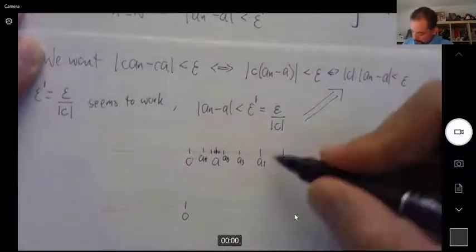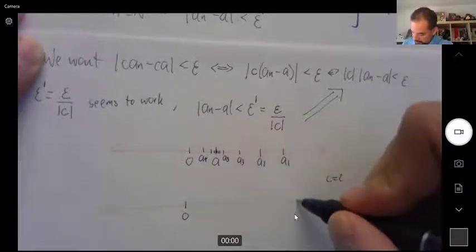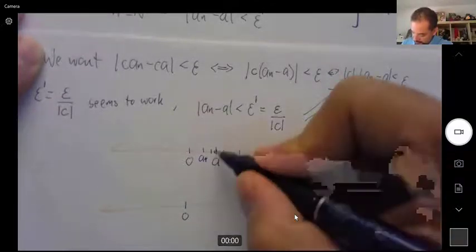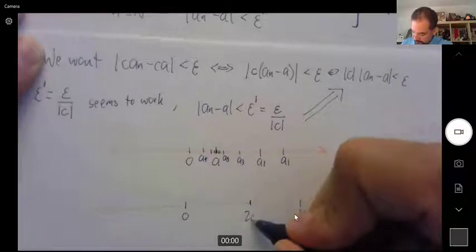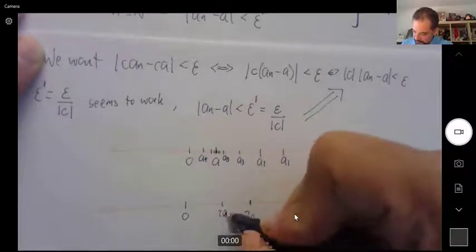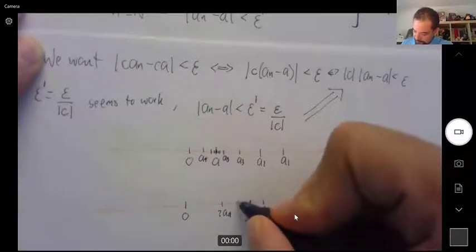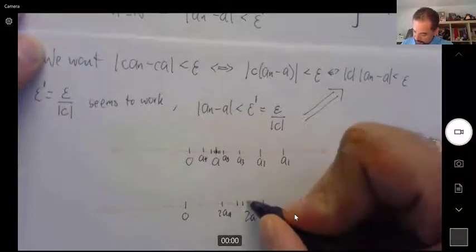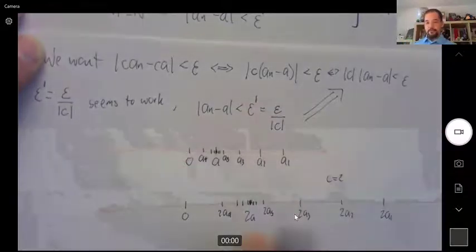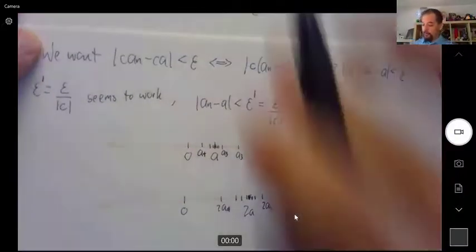And then a2 will be more or less over here, 2a2, and then 2a3, and then 2A is here. And what you should realize is that my picture sort of is going to look the same, but magnified by a factor of 2, right? So these numbers are still getting closer and closer to 2A. Yeah? And that's exactly what we're trying to do here.